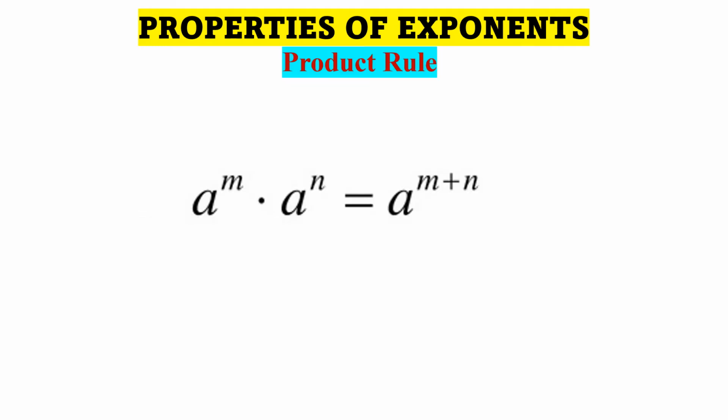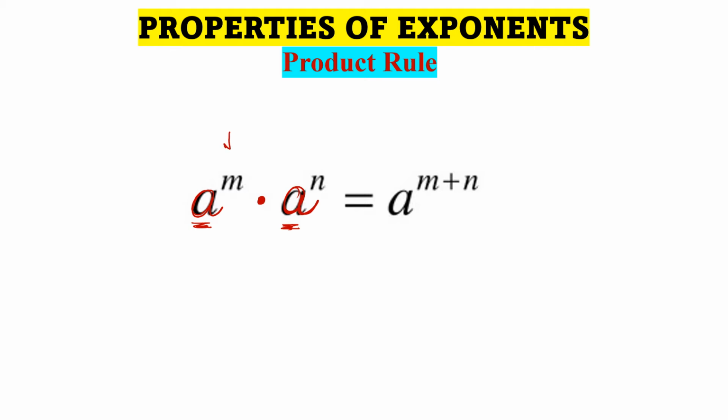Now we have another property of exponents. When we multiply two or more bases, mostly the base is the same, right? You can see here the base a is written and here the base a is written, and they are multiplying with each other.